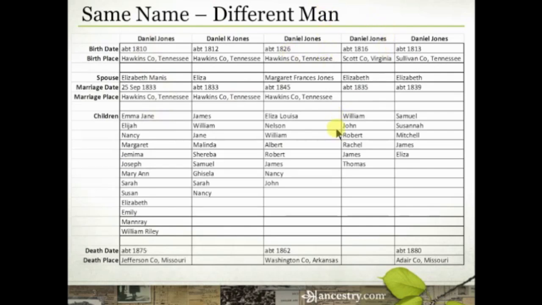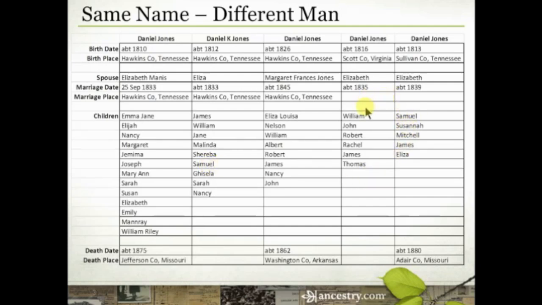Because if you're looking for the Dan Jones that is the father of your great-grandfather Samuel, is that going to be this Dan Jones who has a son named Samuel? Or is that going to be this Dan Jones who has a son named Samuel?